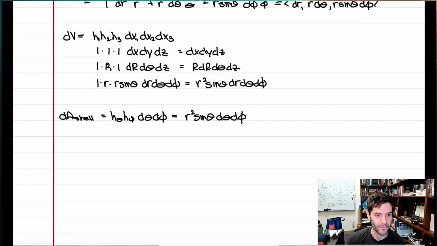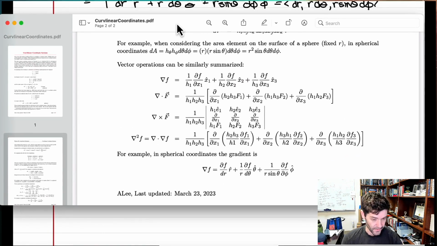And then last but not least, and I don't think I'll write these out because they get very complex, you can do the same thing for div, grad, and curl, and the vector operations can be similarly summarized. If I want to take the gradient of a scalar function, I can very generally write it as 1 over the scale factor times the partial with respect to the first coordinate, which might be x, might be r, depending on your coordinate system, then 1 over the scale factor for y or theta, then 1 over the third scale factor, partial with respect to z or phi.